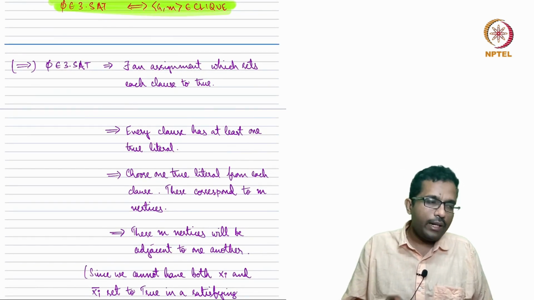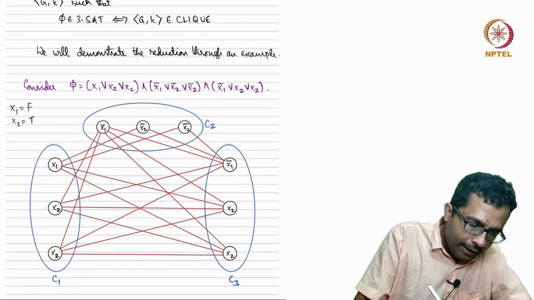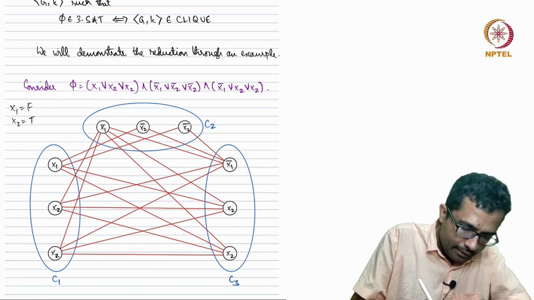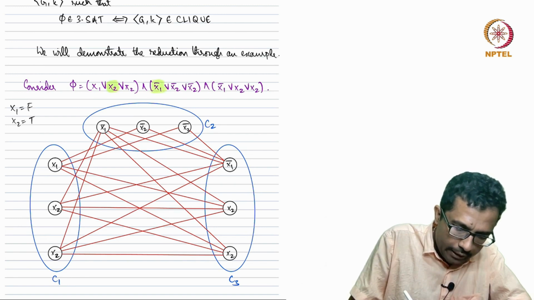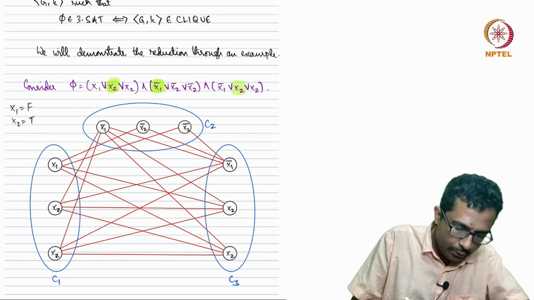For this satisfying assignment, x2 is a true literal in the first clause, x1 complement is a true literal in the second clause, and let's say x2 is a true literal in the third clause. The highlighted ones are the true literals.